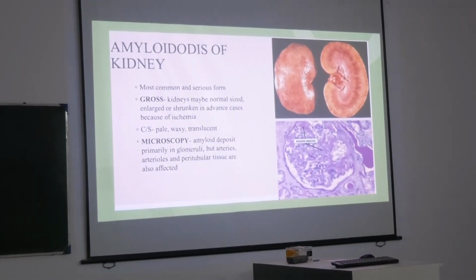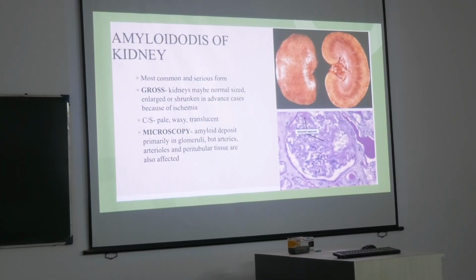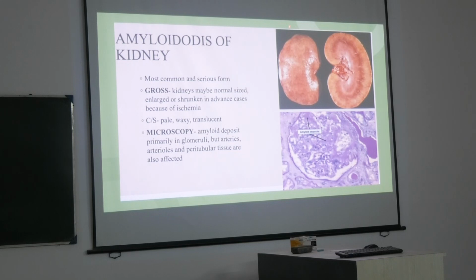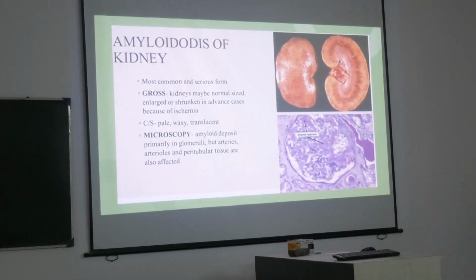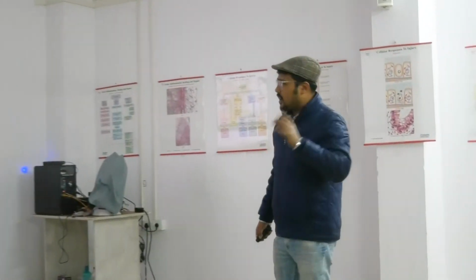This is the most common and serious form, maybe normal sized, but this is an enlarged kidney with a shiny, glossy appearance. But in advanced cases, kidney size may be shrunken due to ischemia, due to low blood supply or hypoperfusion of the kidney. In advanced stage of amyloidosis, the kidney might be shrunken, but in general it is grossly enlarged.